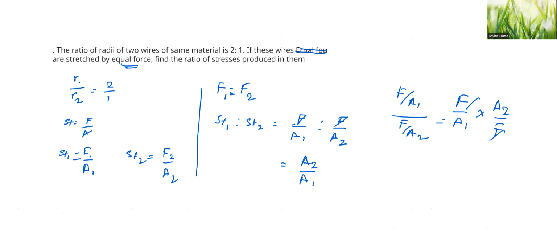So what is area? It is a wire, hence we know it is circular: pi R2 square by pi R1 square.